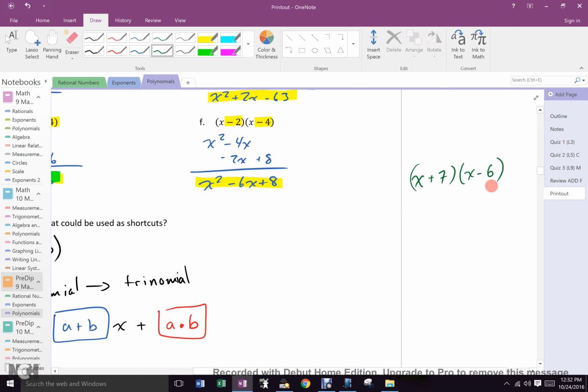Because it's x squared plus 7 plus negative 6 is 1x minus 42. Everybody good? Can you do this in your head? Why? Because it's a single x. So what is it? x squared minus 8x plus 15. Good? What about this one?